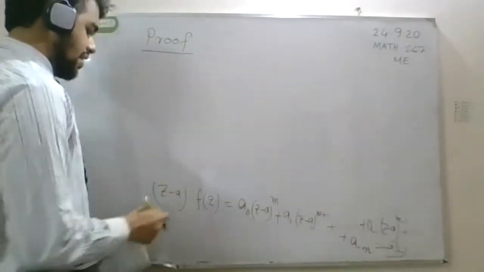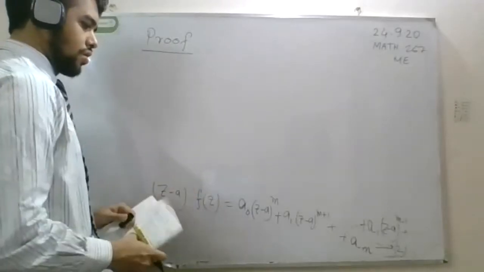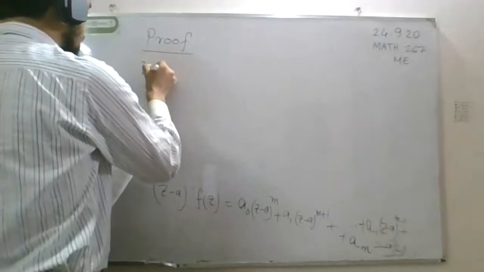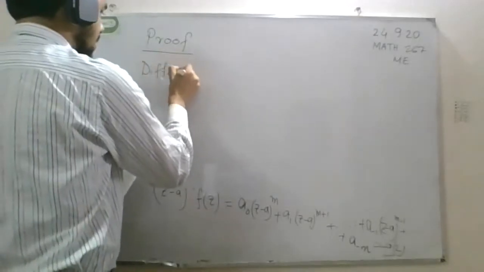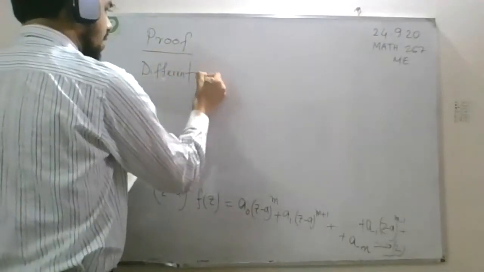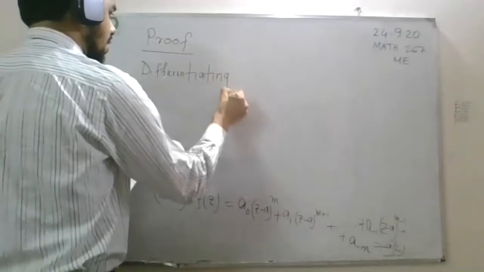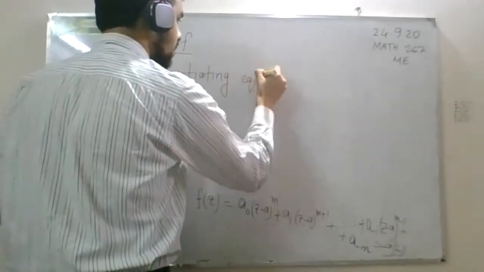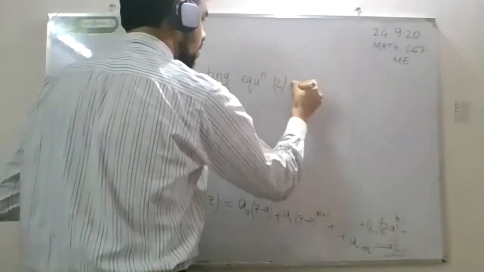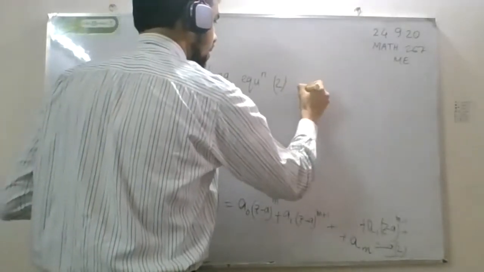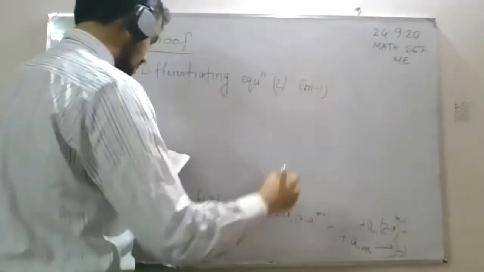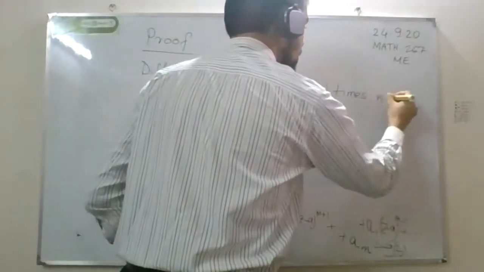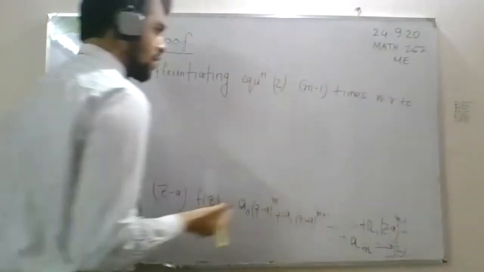So if I differentiate equation 2 n minus 1 times, we can get, with respect to what?